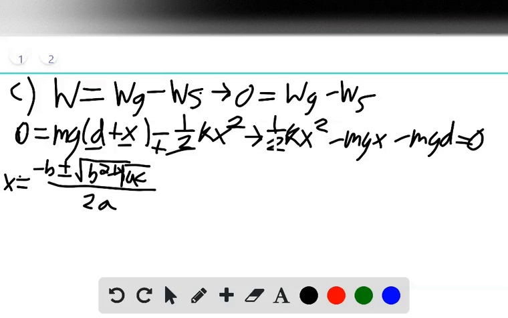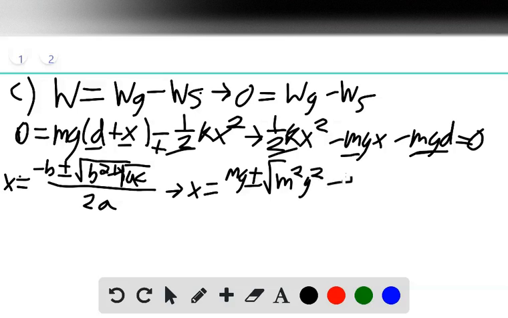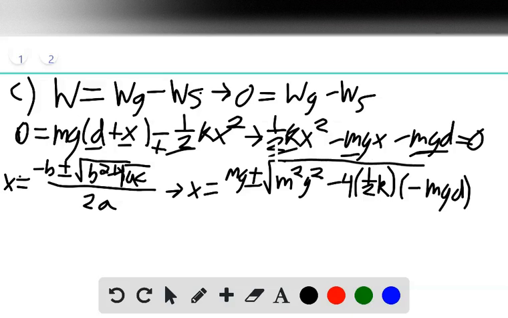So plugging in these as coefficients, we are going to get x equals mg plus or minus the square root of m squared g squared minus 4 times 1/2 k times minus mgd all over 2 times a.